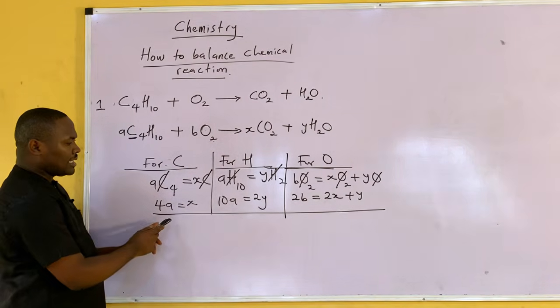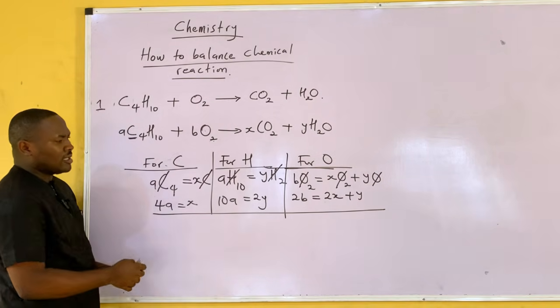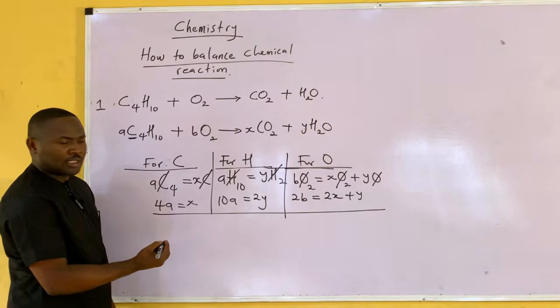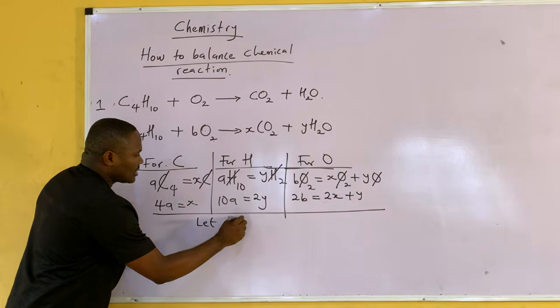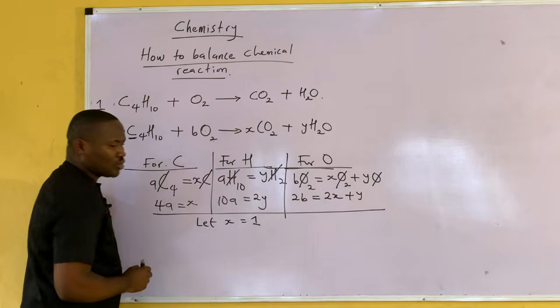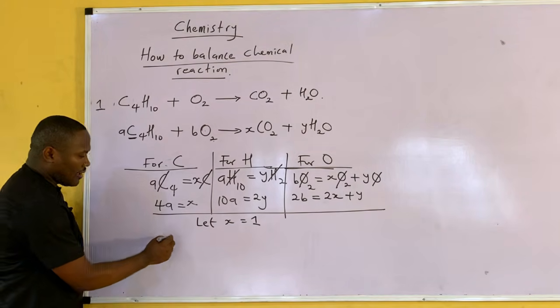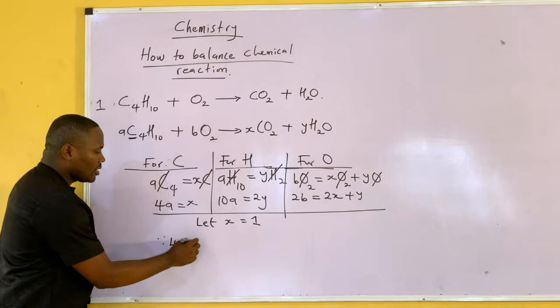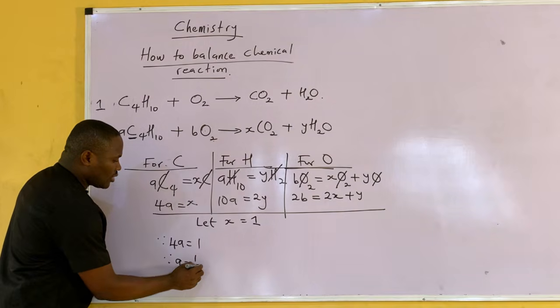If I let X equal 1, I can find A, and I think that will be much easier for us. So let X equal 1. That means I have 4A equals 1. Therefore, A equals 1 over 4.